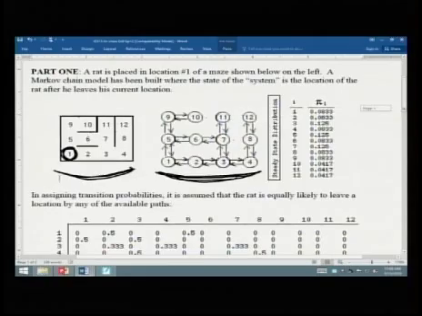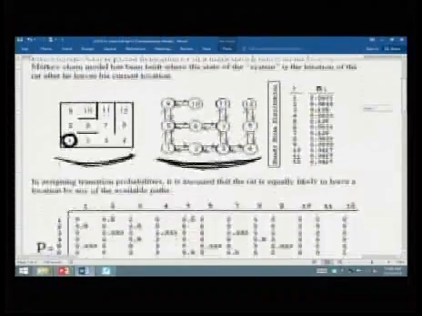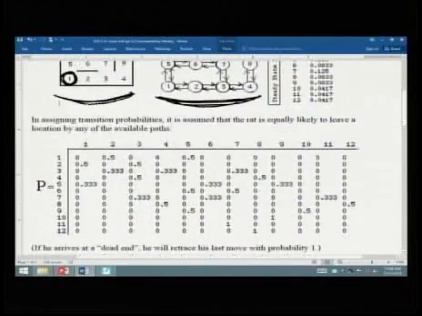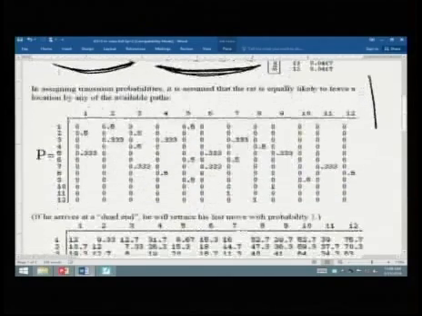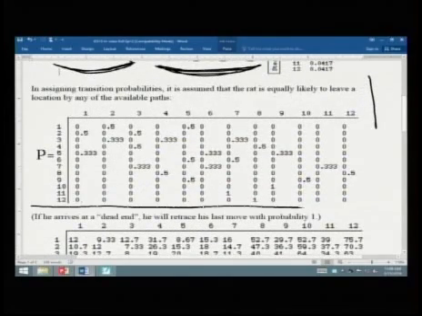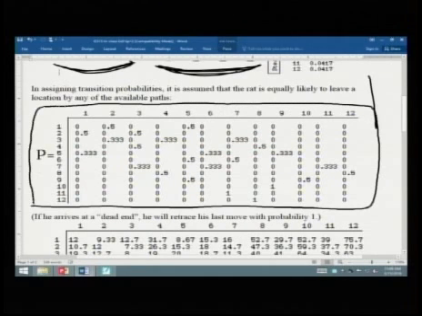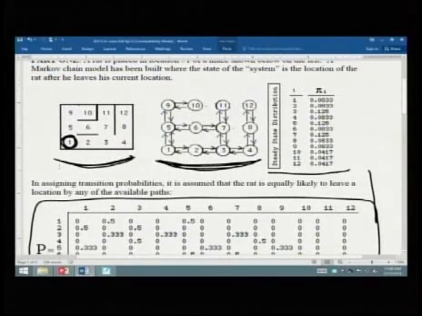And also, all of these transition probabilities are given. So based on this, you can compute the steady state probability distribution.